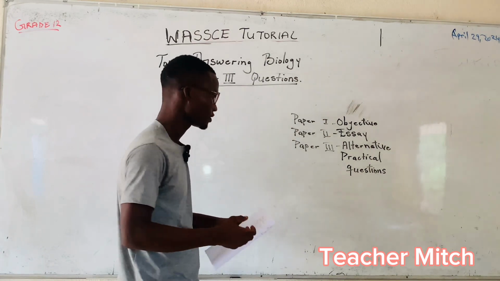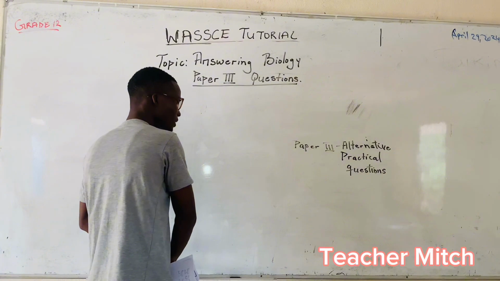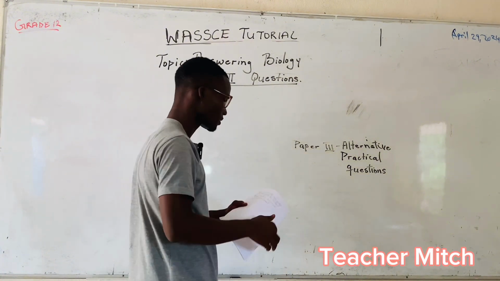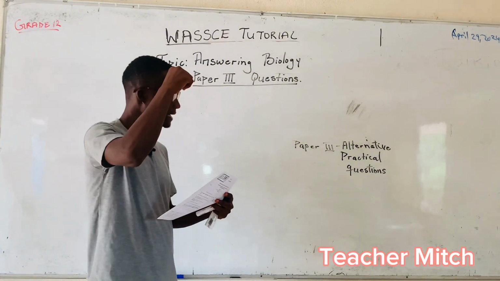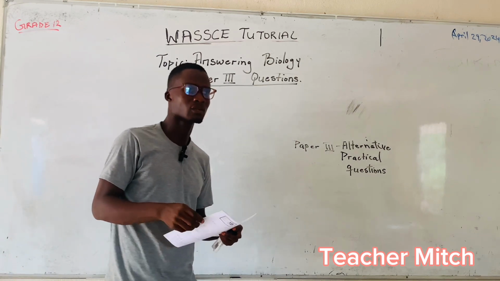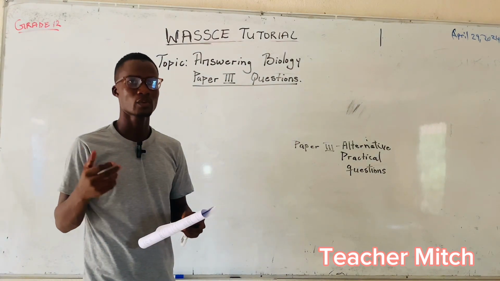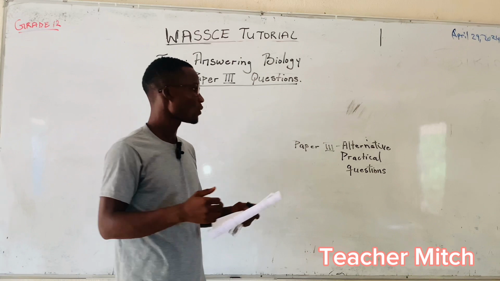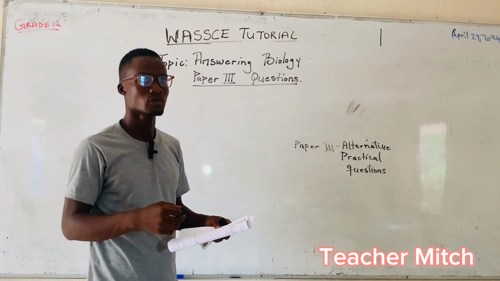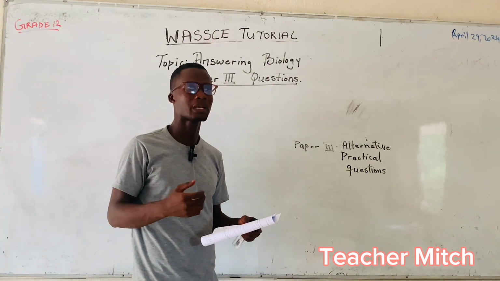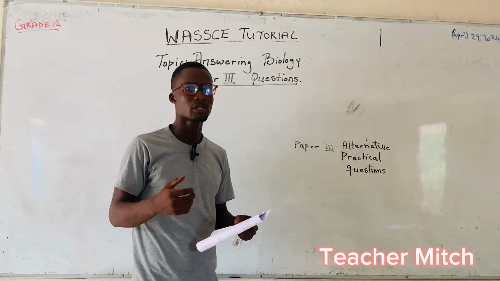in biology. These alternative practical questions are designed to assess the same practical knowledge that will be developed when you go to the lab. So when you are doing biology, you can go to the lab, and there will be experiments that you have to do.